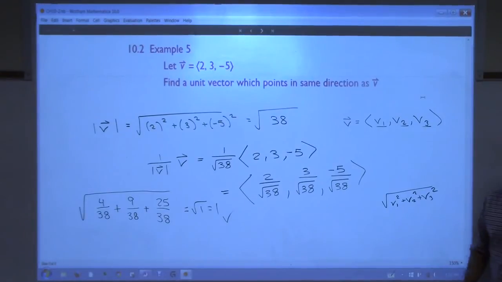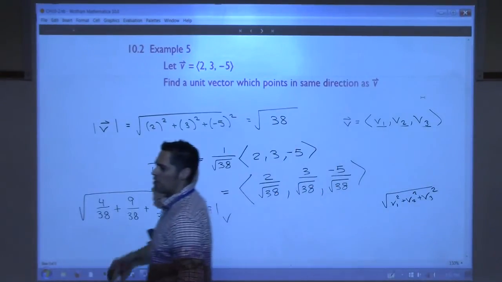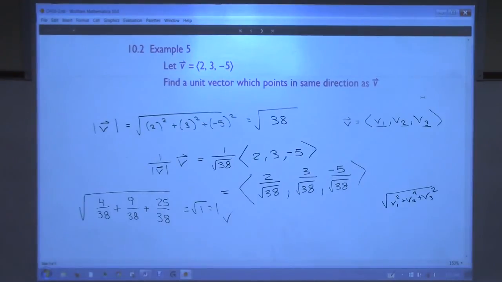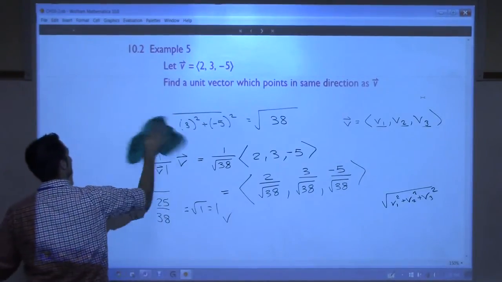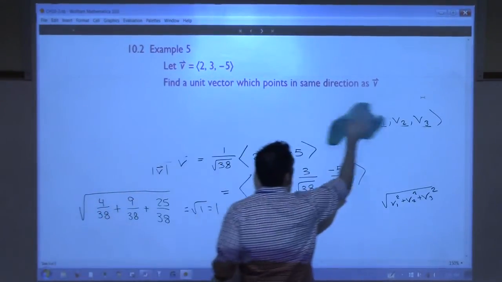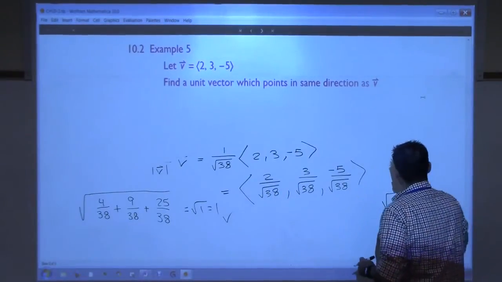How would you check? You take the square root. Trust me, just work it on your own. It's fun. Fun's relative, I guess. But you can verify that that's always going to work, no matter what your vector is.